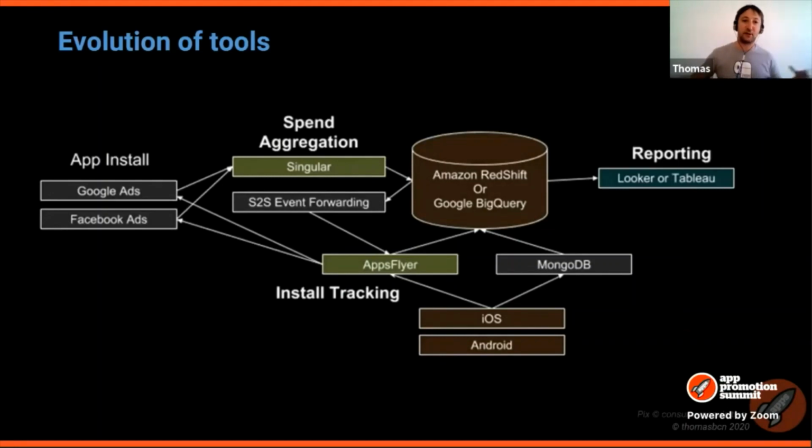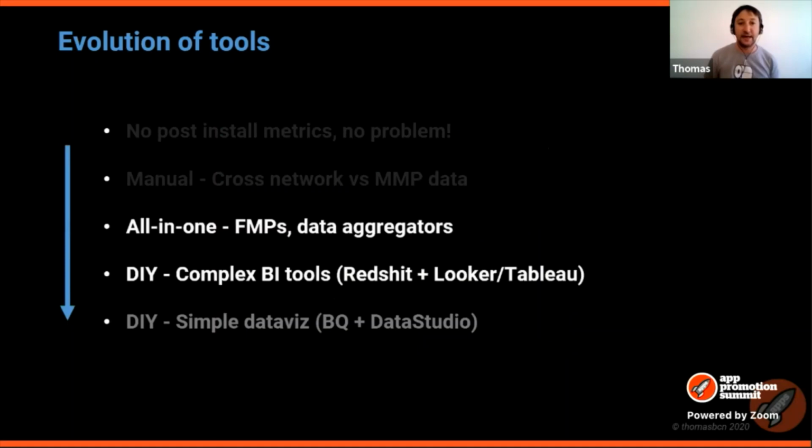Tools have evolved quite a lot around a complex data stack made of a lot of independent, different providers: your MMP, cost aggregation, maybe a CDP like Segment or mParticle in the middle, and you want to join all of this. And as app marketers, we want to just use that data to make informed decisions.